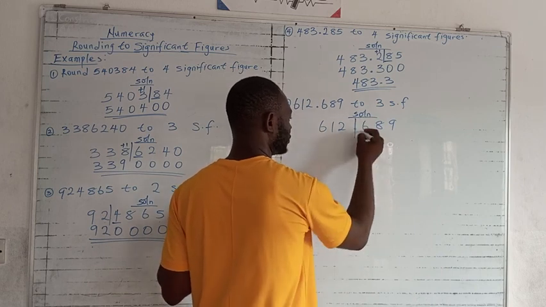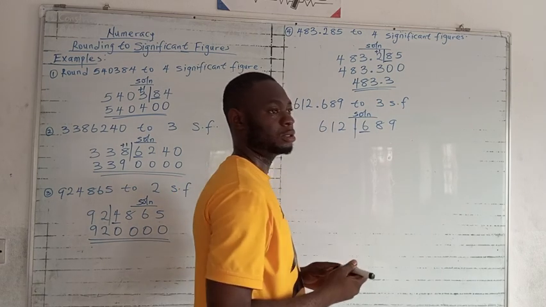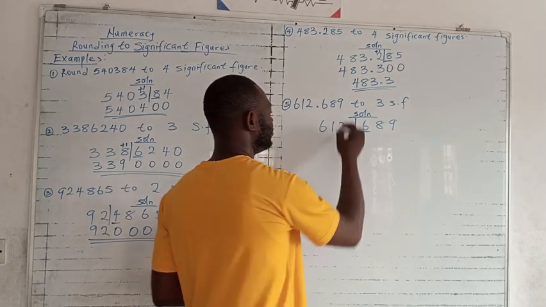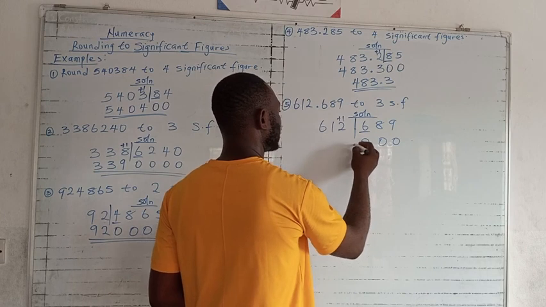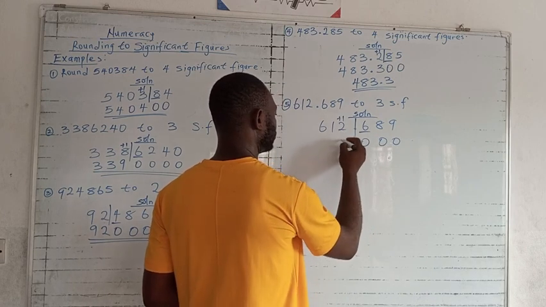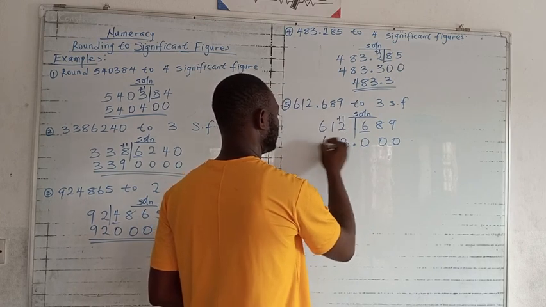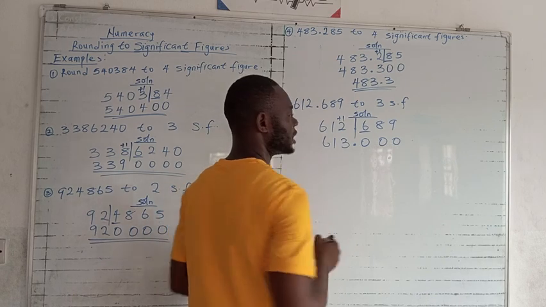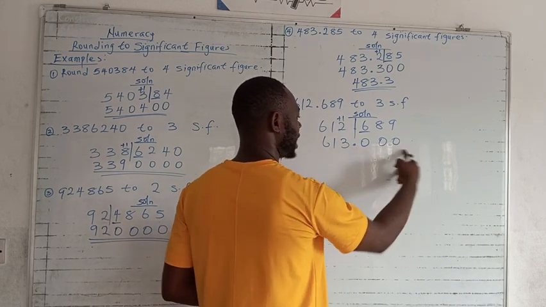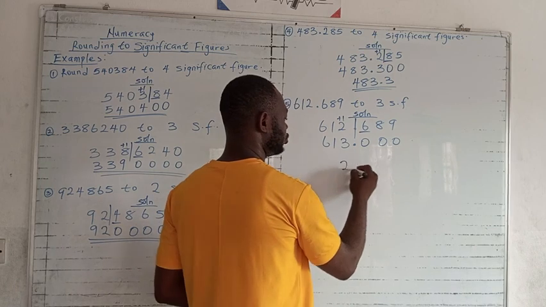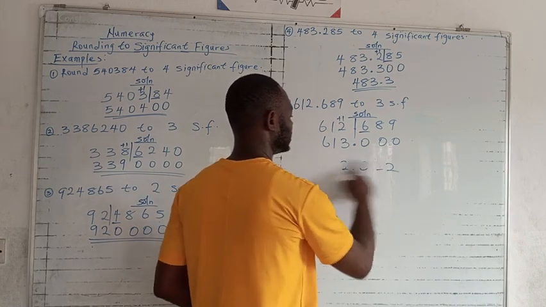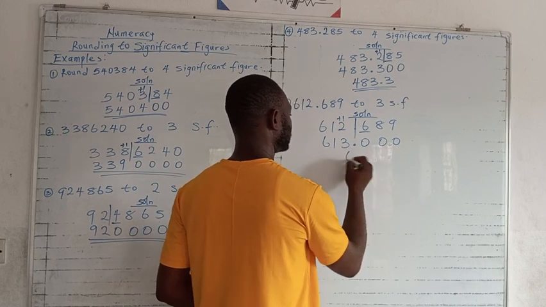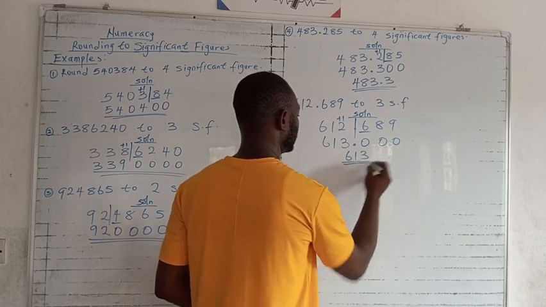We have our slash. We consider the number here. Group A, Group B, we add 1. Here becomes 0. Bring down your point. 1 plus 2, 3. Bring down 1, bring down 6. But just as we said, these zeros are not important because 2.0 is the same thing as 2. This is insignificant. So our answer becomes 613.